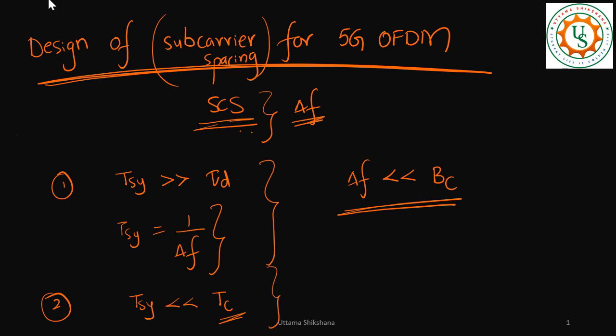This leads to the concept in the frequency domain that delta f should be greater than the Doppler spread. These two conditions are fine for 4G.